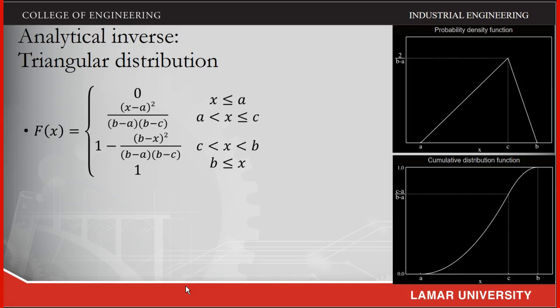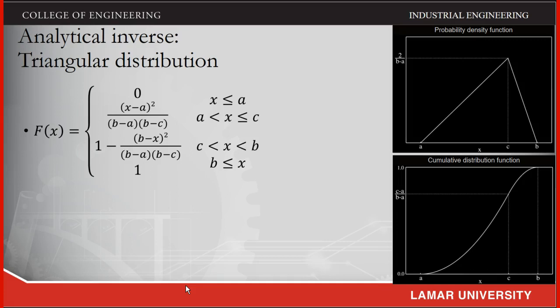If x falls between c and b, now the cumulative distribution function is 1 minus (b minus x) squared divided by (b minus a) times (b minus c). For any moment where b is less than or equal to x, then the cumulative distribution function is already 1.